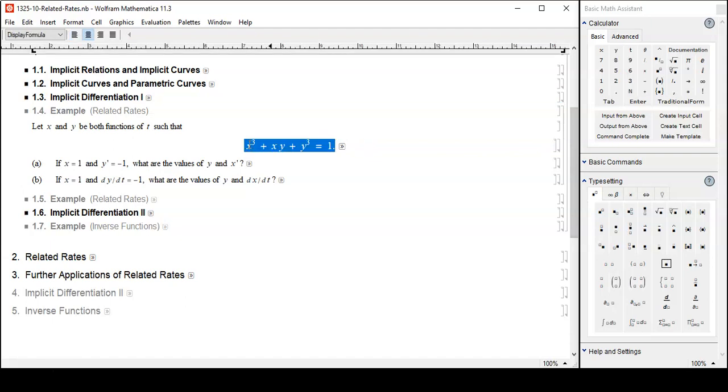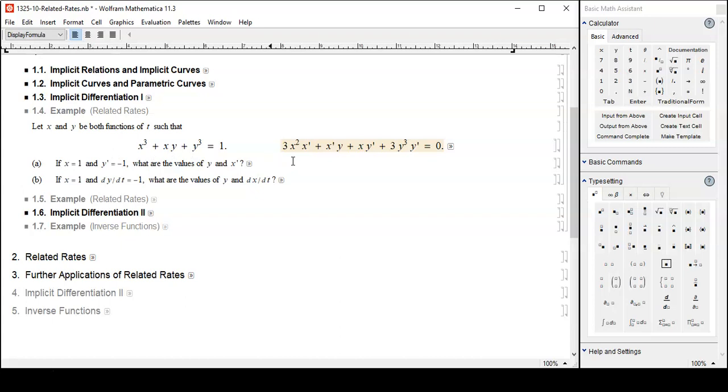Well, here we have the implicit equation. And then we can take the derivative implicitly. X prime y plus x y prime, 3y squared times y prime equals to 0. Remember all those?